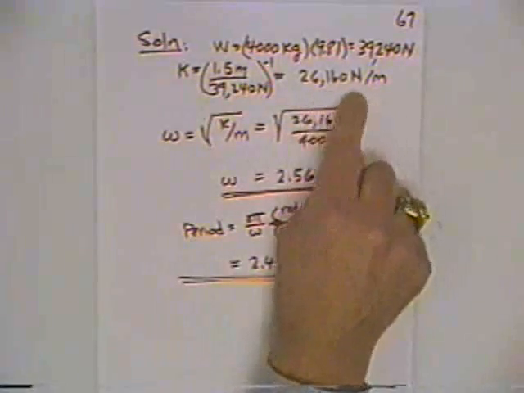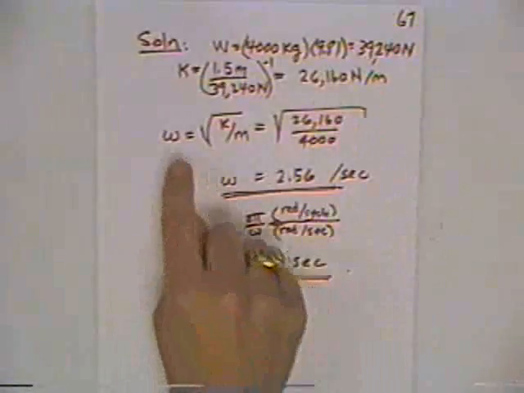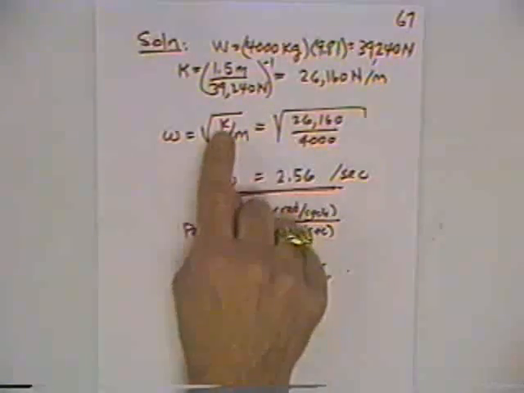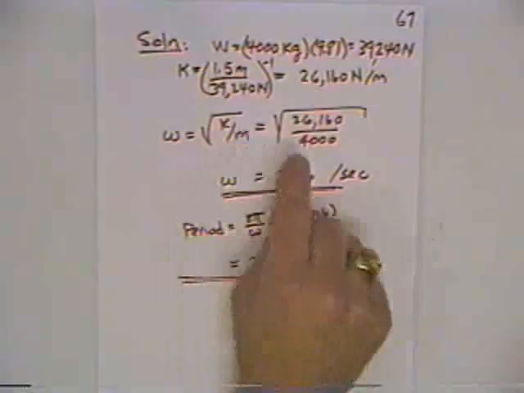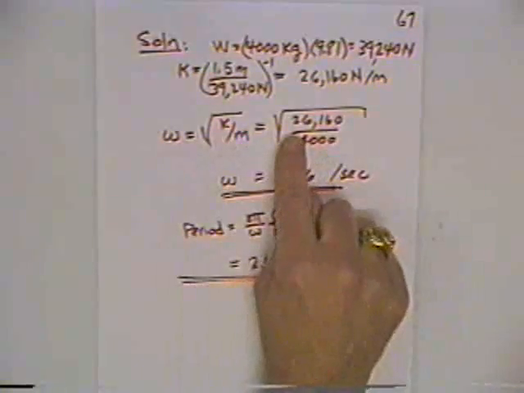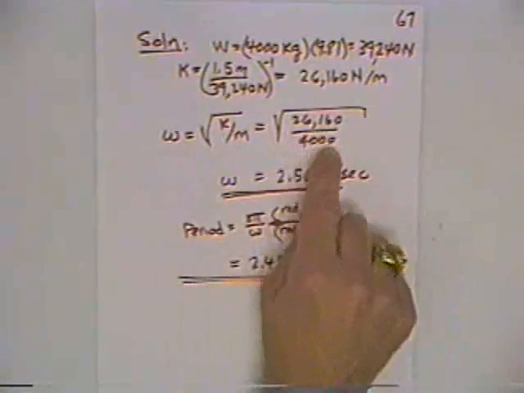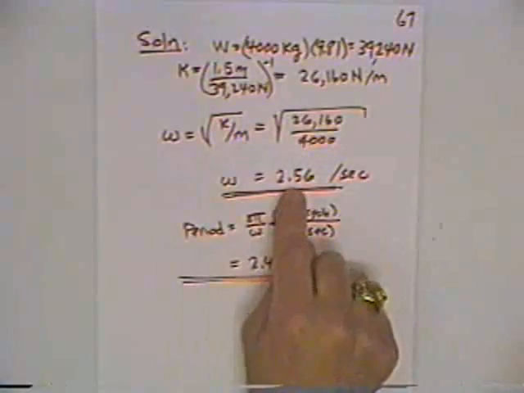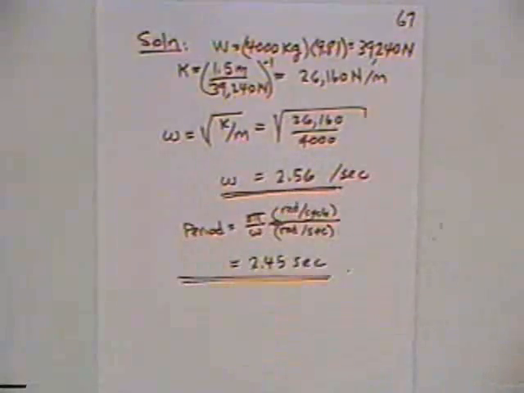That's the equivalent spring constant for that cable. So omega is the square root of k over m. Well, 26,000 over 4,000 under the radical is 2.56 radians per second.